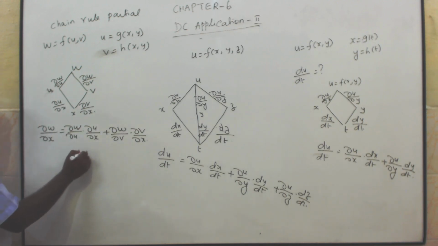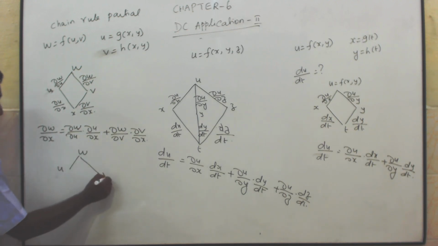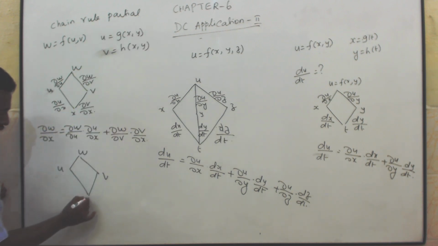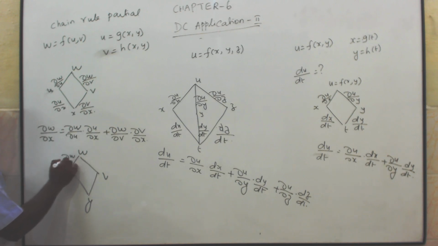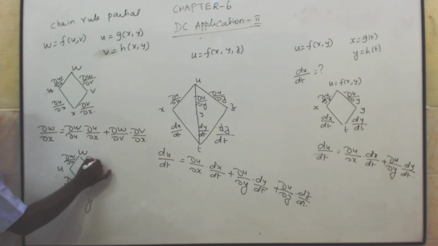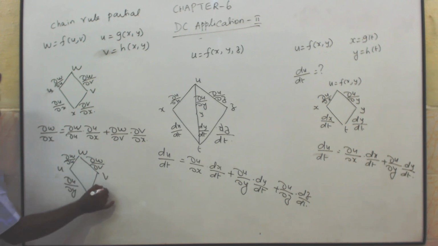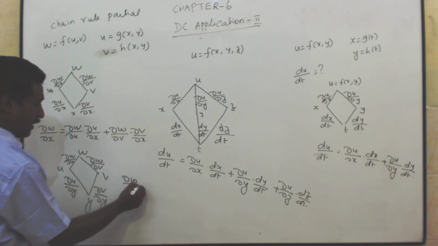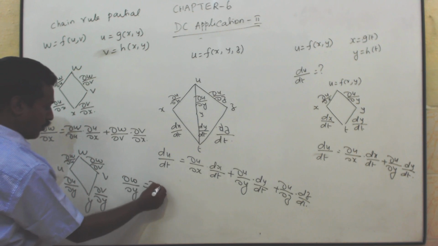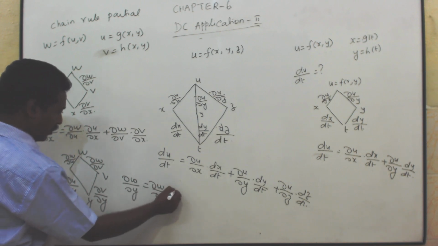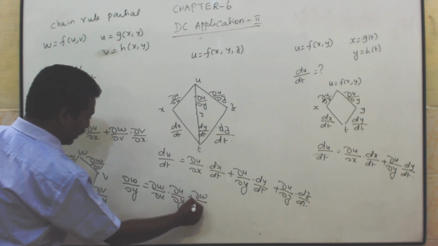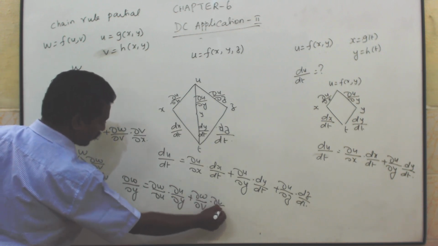The same, w is a function of u and v, but u and v are also functions of y. Therefore, dou w by dou y equals dou w by dou u into dou u by dou y plus dou w by dou v into dou v by dou y.